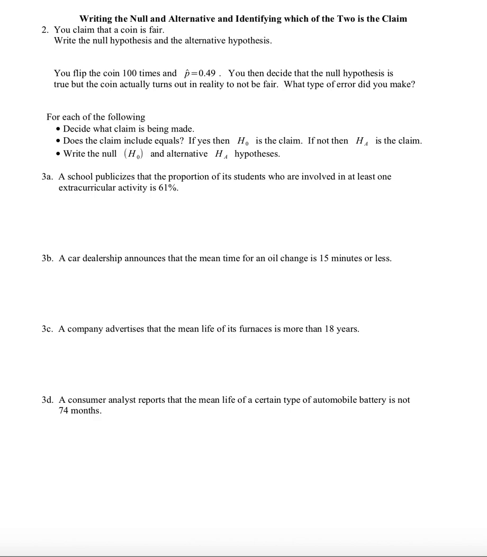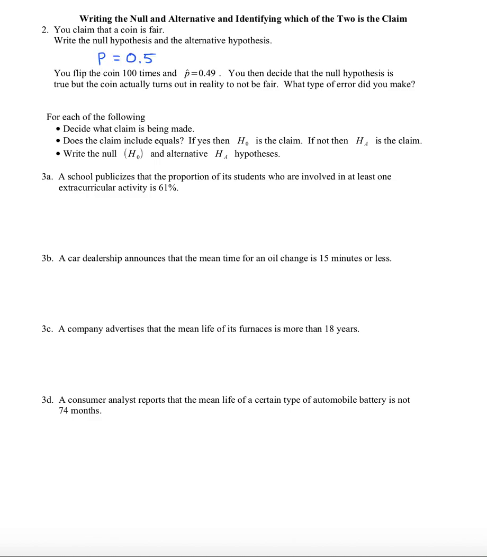Typically, one thing we're given, though, is the claim in clear terms. This says you claim that a coin is fair. Now, before you even write the null and alternative hypothesis, you may wish to just translate that statement into mathematical language.